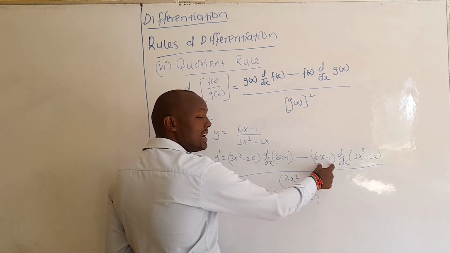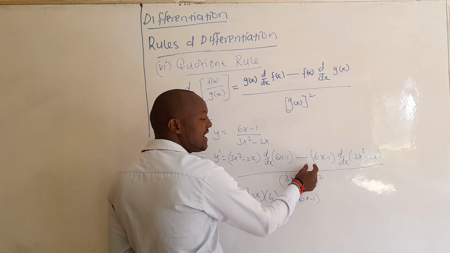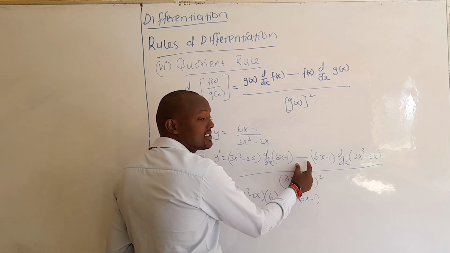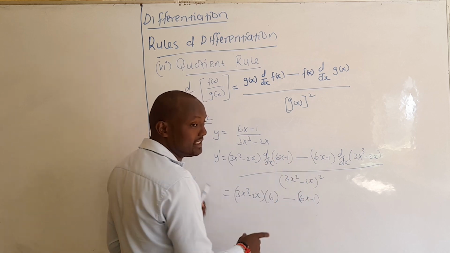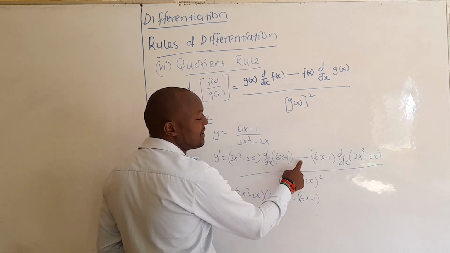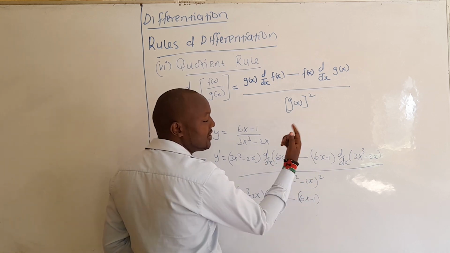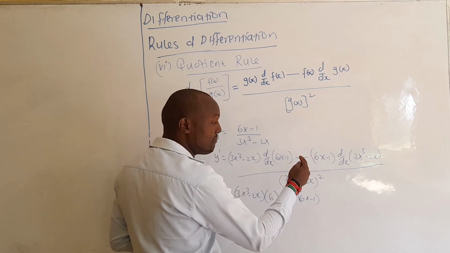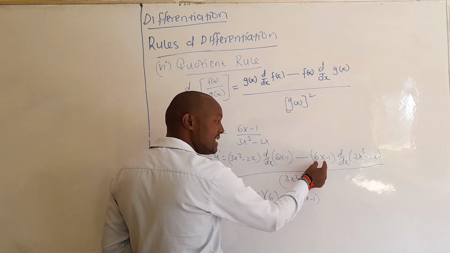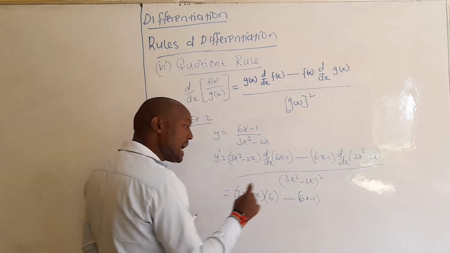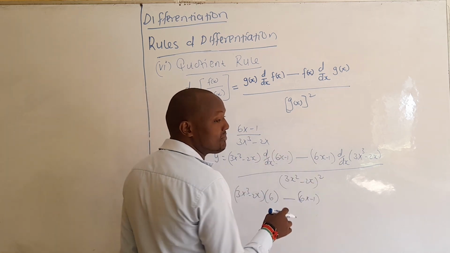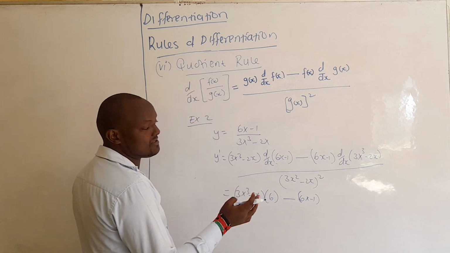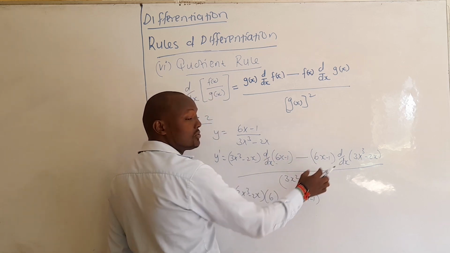When you ignore these brackets, remember when you are opening here, it will have an impact from this negative sign. If you don't put this bracket, you get a different answer, because it's like you are saying minus 6x minus 1. But when you open this one, you find that it is minus 6x plus 1. So brackets are very important so that you don't end up missing your marks just because of certain mistakes.